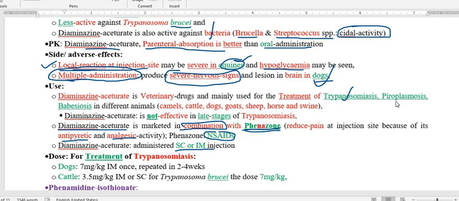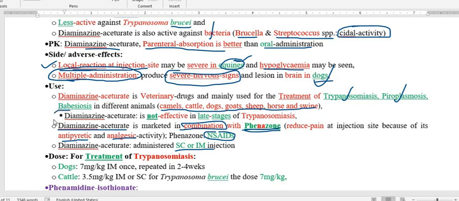aceturate. Regarding diaminogen aceturate utility, the drug that we already discussed is used to treat trypanosomiasis, and used to treat babesiosis. Babesiosis comes under piroplasmosis, and the species are camel, cattle, dog, cats, sheep, horse, and swine.